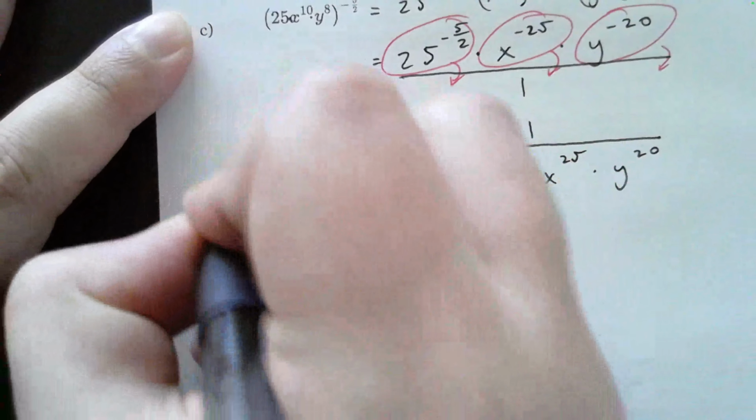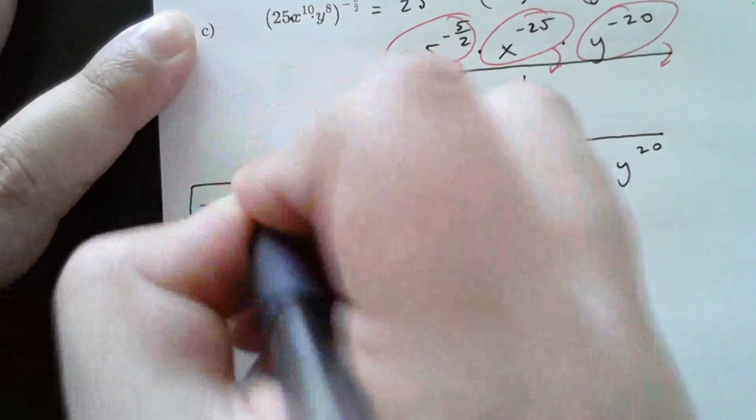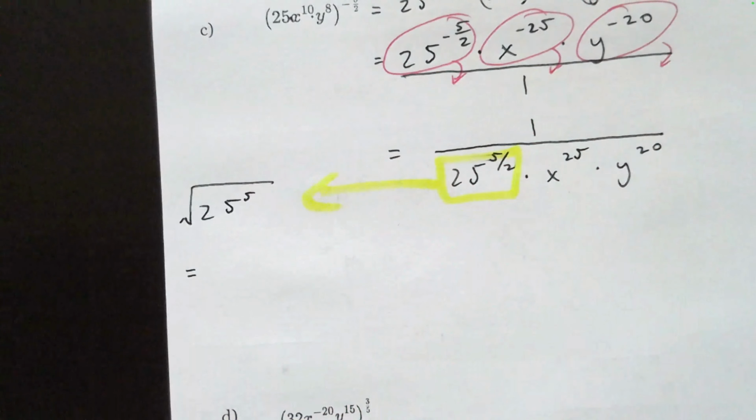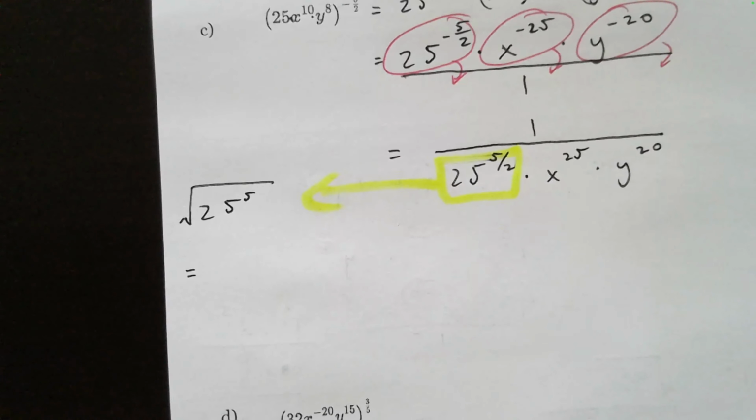So 25, the power is 5, it's a square root. The power is 5. It's a square root because it's 2 on the bottom. I'm looking for groups of 2. How many pairs is 25 to the 5th going to have? 2. Right? It'll have 2 pairs, right?